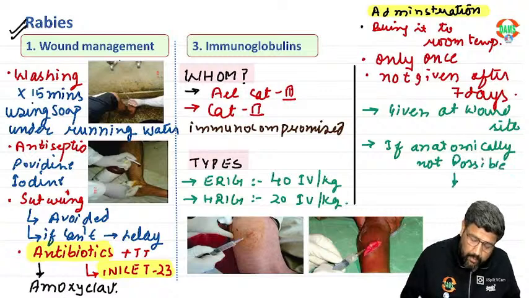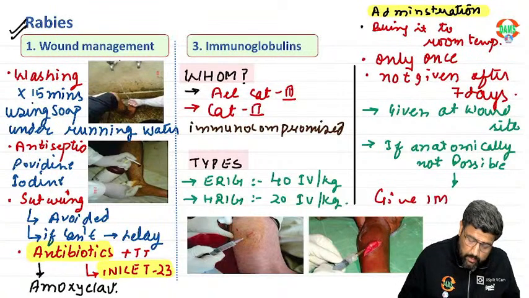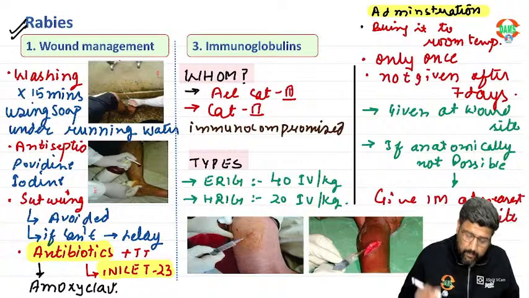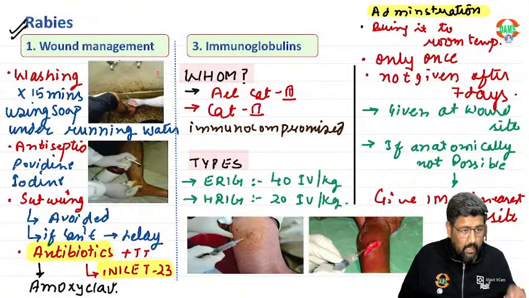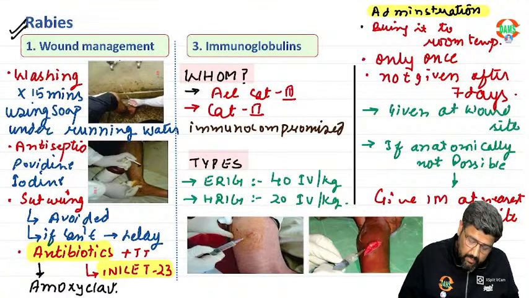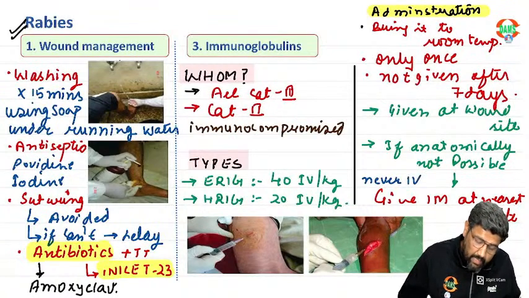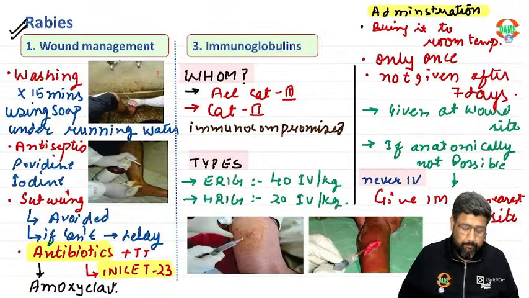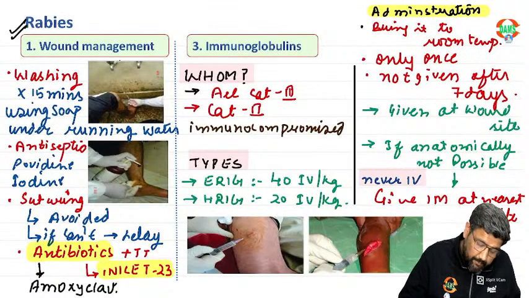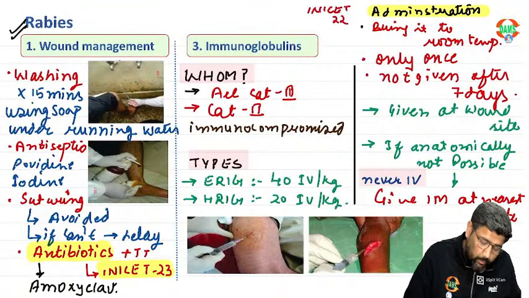Then give intramuscular at the nearest site. Can I give IV? No, never IV. This is never given IV. Guys, this information regarding administration was asked in your INICET 22.